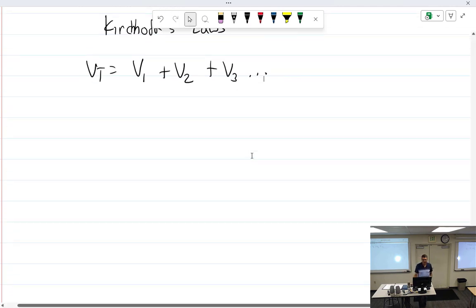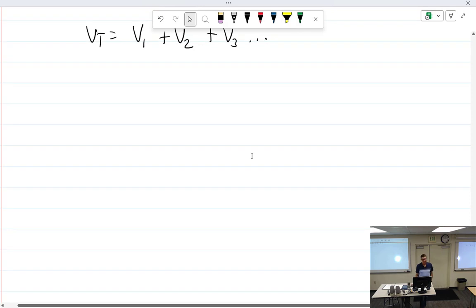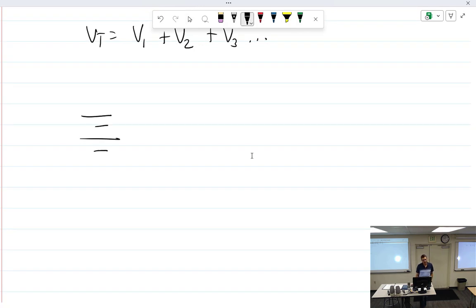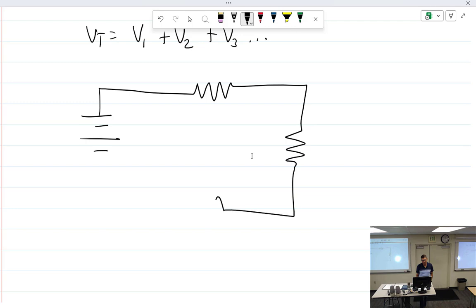But it actually goes something like, the sum of all voltages equals 0. And to that I'm like, what? So you have to demonstrate it. I'm sticking with what I just wrote, though.